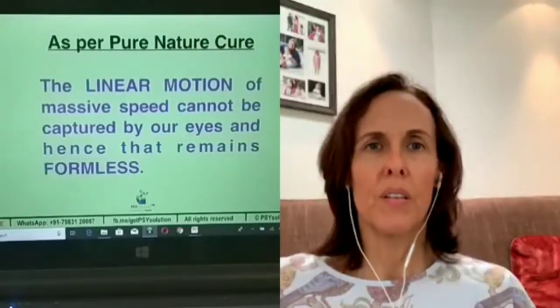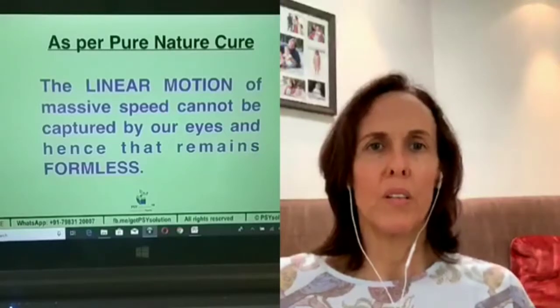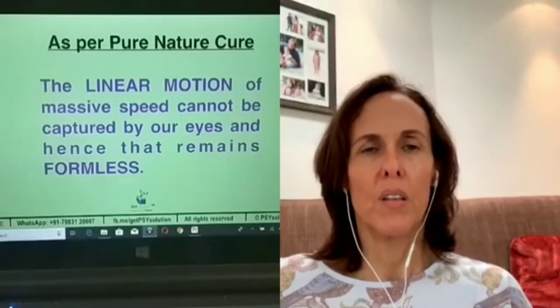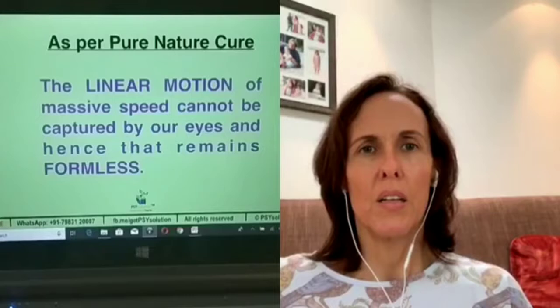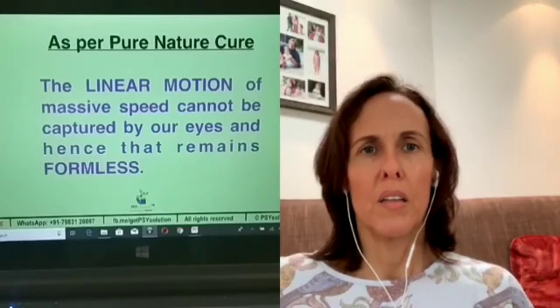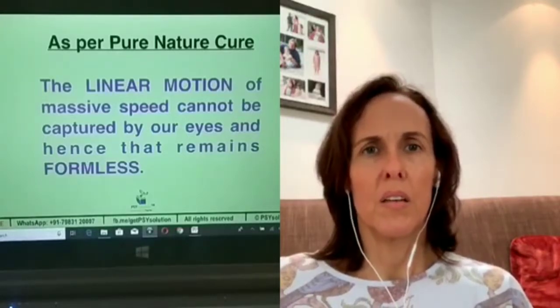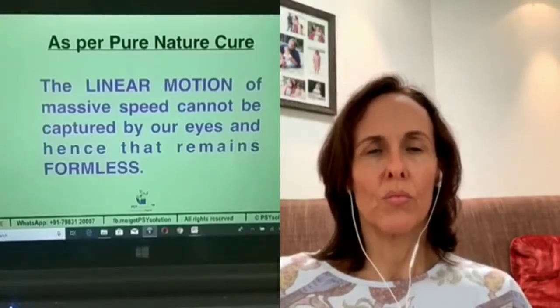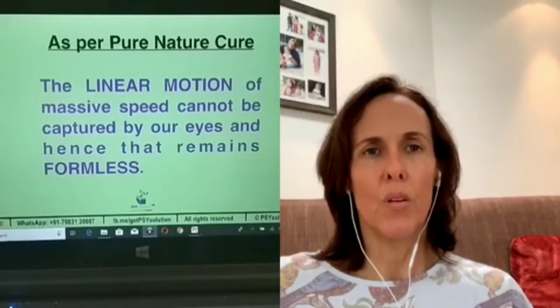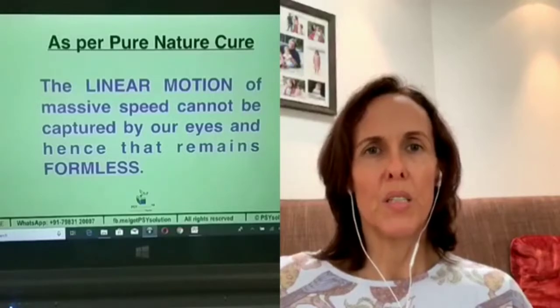Now, as per pure nature cure, the linear motion of massive speed cannot be captured by our eyes, and hence that remains formless. And we know energy is formless. Indeed. Energy, we cannot show. We can show some proof of the energy, but ultimately energy is not visible. So is the vitality. Vitality is also not visible.